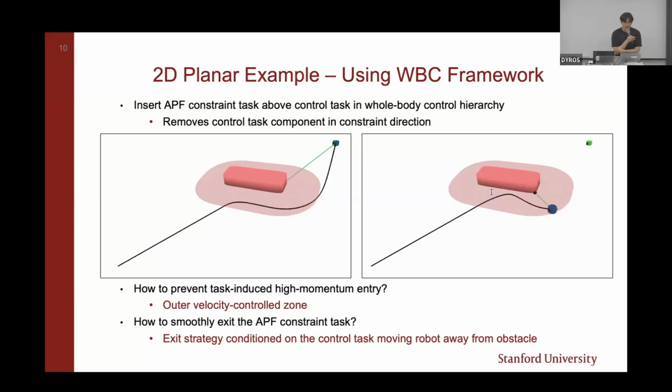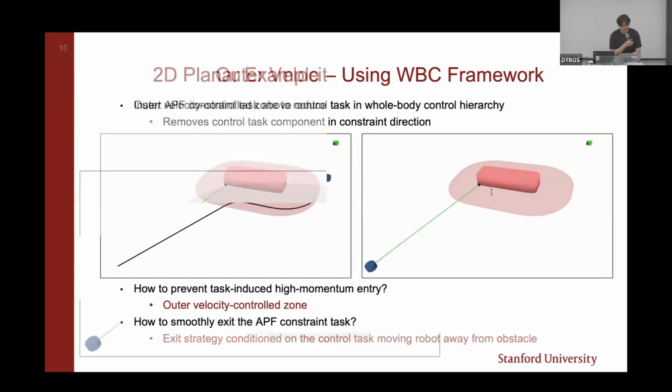Instead, to smoothly depart from obstacles, the unmodified control task should be allowed to move the robot away, as that is what the robot task behavior is. Additionally, if the robot stays inside the zone of influence, there are issues, for example, when the goal changes in the constraint direction, as the control task forces are removed in that direction.